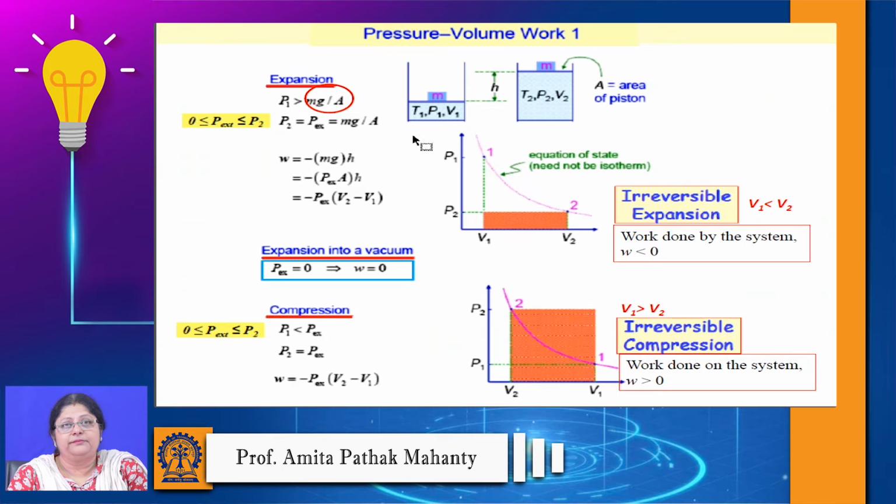What I'm interested in finding out is, when can this gas expand? The gas has some pressure inside this. If it is an expansion, then what happens? This pressure should be much higher than the pressure exerted by the bag which is sitting on the lid. So let us suppose, let it expand.